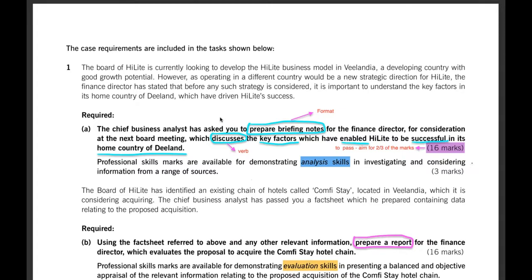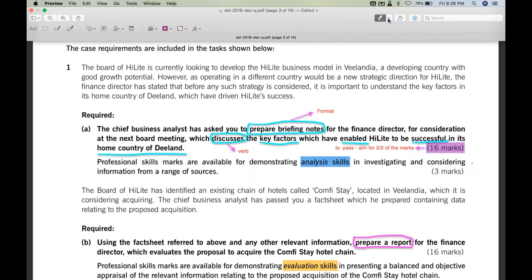So now, under the case requirements, the Board of Highlight is currently looking to develop the Highlight business model in Finlandia. Oh, just now we were talking about Dylan. And now you find that there's a new thing here. What is it all about? Okay, I think you use underline.